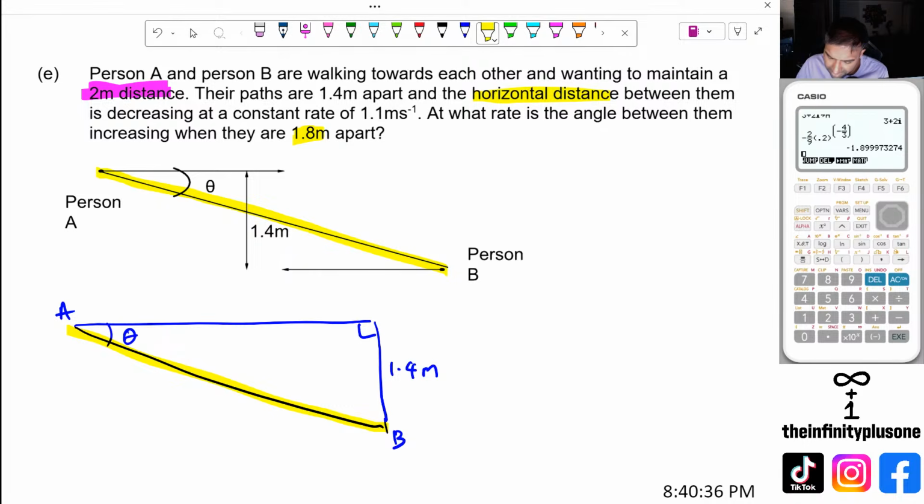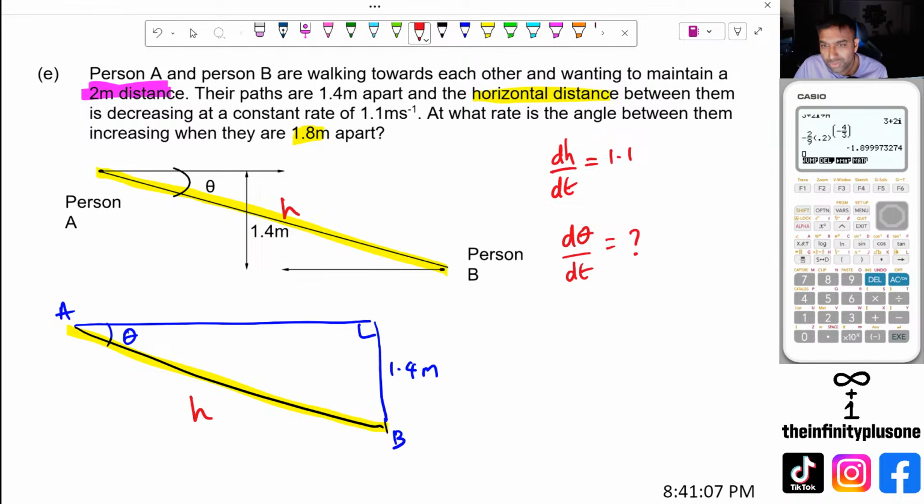If I call this h, for example, then dh dt is equal to 1.1 meters per second. So we've got dh dt. The question is asking what is d theta dt, because what rate is the angle between them increasing? So this is what the question's asking us.